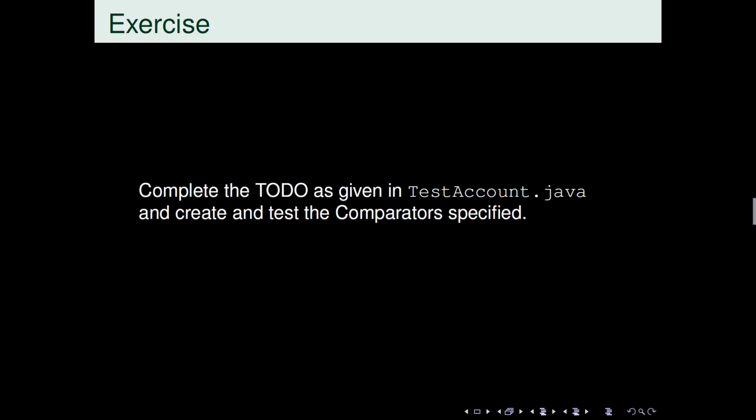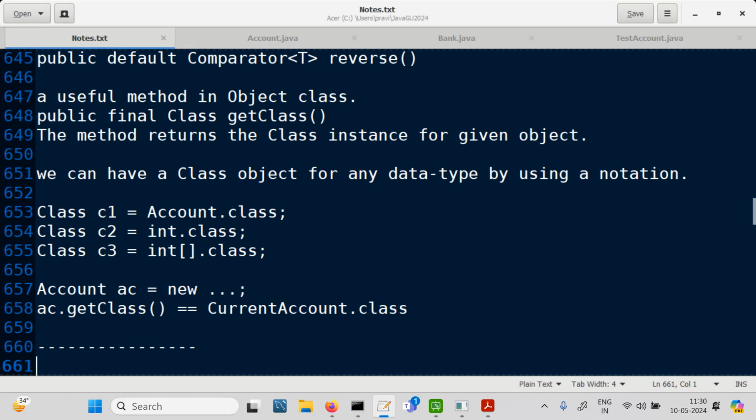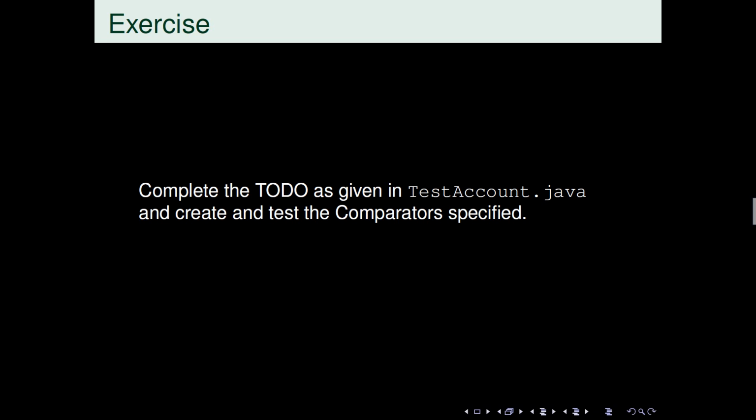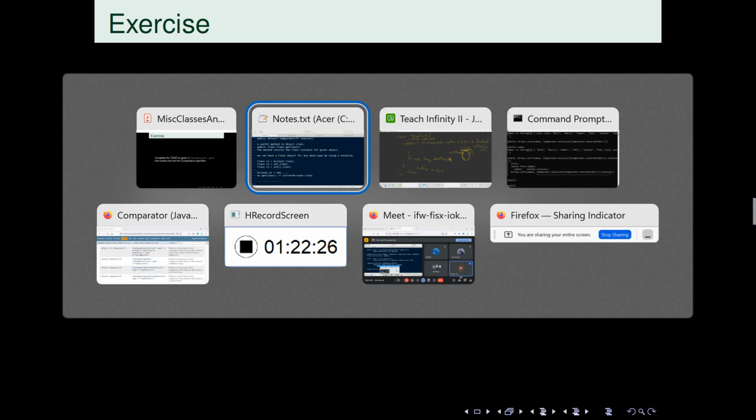Okay, comparators. Why did we go there? What prompted us to go into this class? Sir, can you please implement the last push? Which one? Acha, for the last one. Okay, yeah, now I get it.